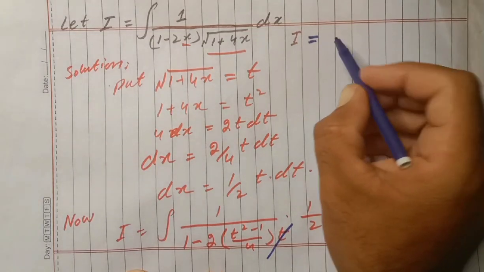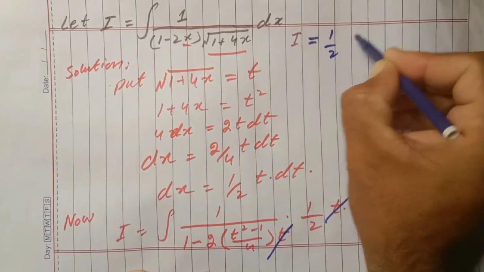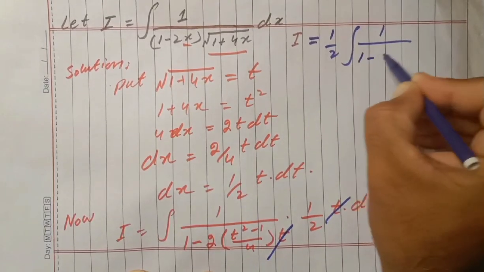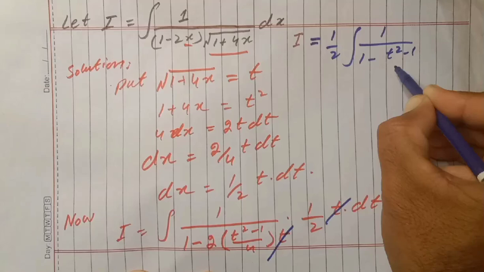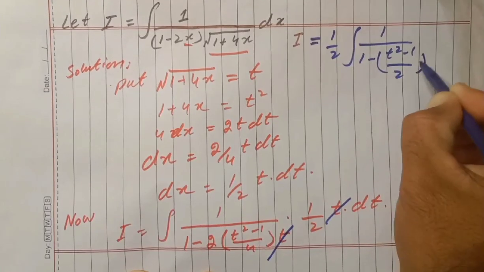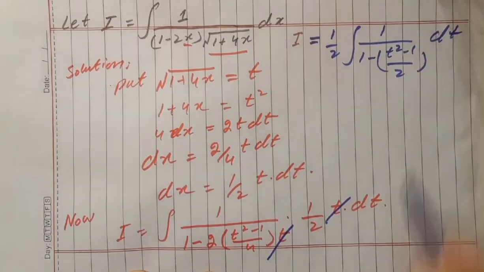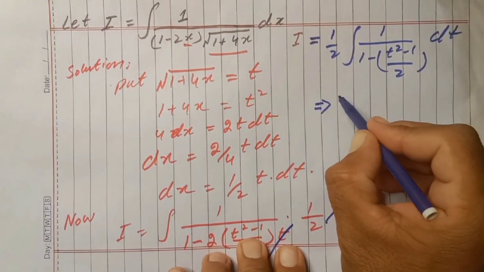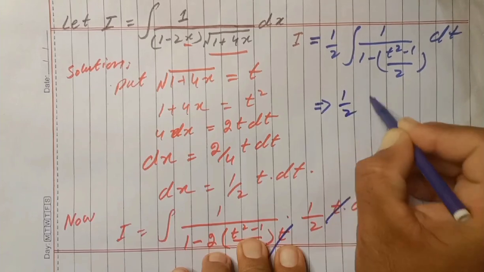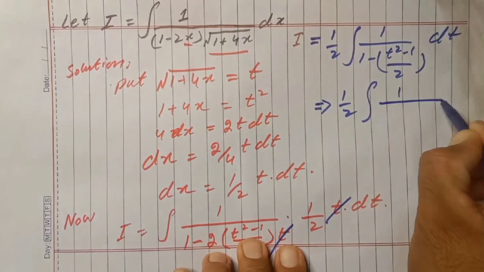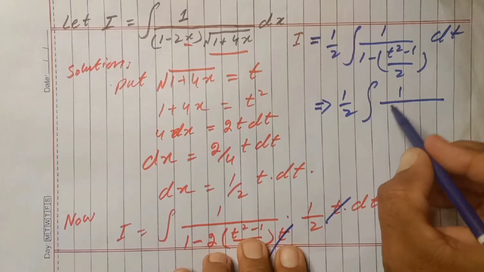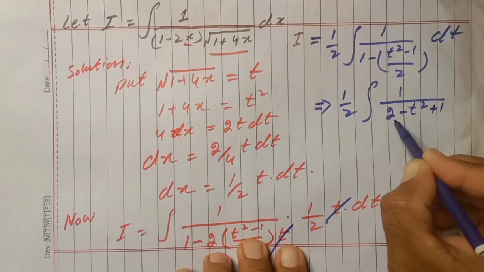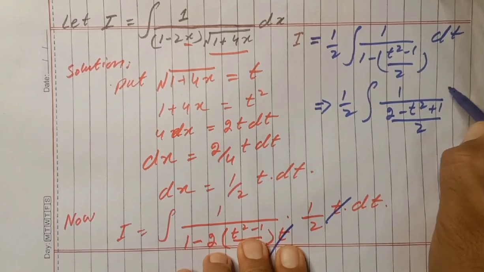Next step, I is equal to 1 over 2 integral of 1 over (1 minus (t squared minus 1) over 2) dt. Next, 1 over 2 integral of 1 over, by taking LCM, (2 minus t squared plus 1) over 2 dt.